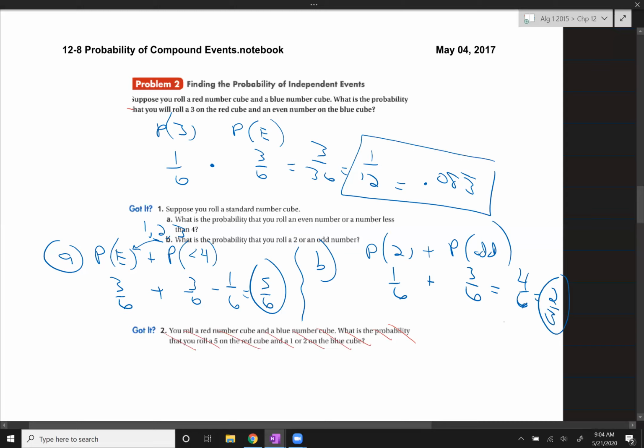That'd be 0.6 repeating. So we're going to compare any of those for the same thing. 5/6, let me double check here, is 0.83. So that means getting an even or a number less than 4 is better than getting a 2 or an odd. We get a chance to compare some of those things as we move forward here.